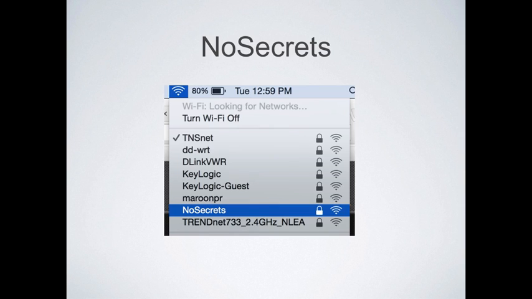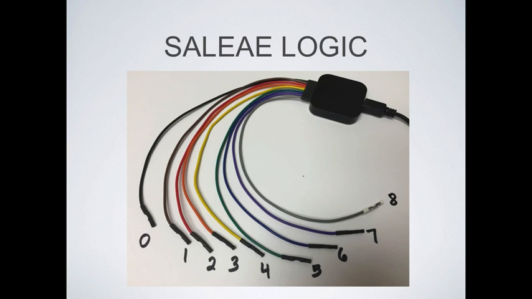Next, we're going to try to see if we can sniff the WPA key off of the CC3100. How we're going to do this is we're going to use the Saleae logic analyzer. Most logic analyzers come with essentially color-coded wires, and each one of these wires is going to correspond to a pin.